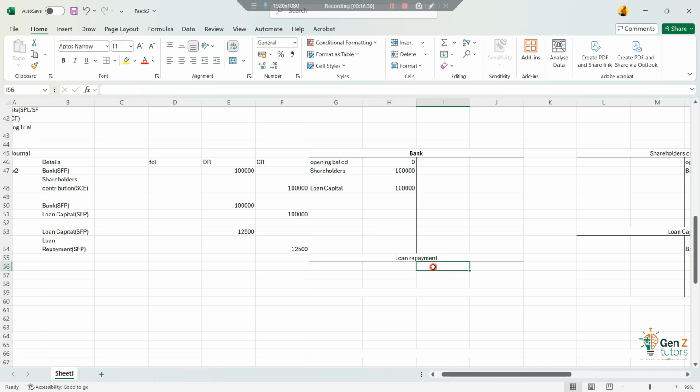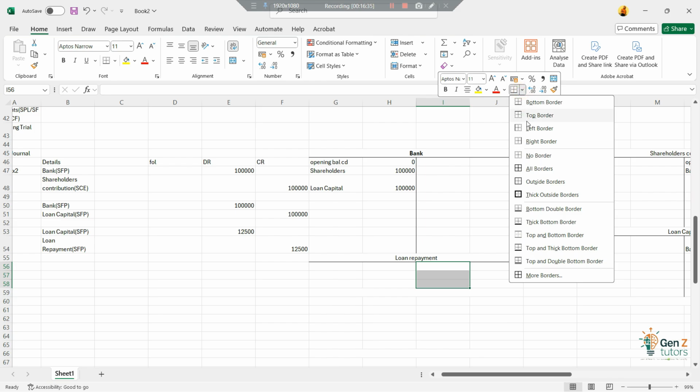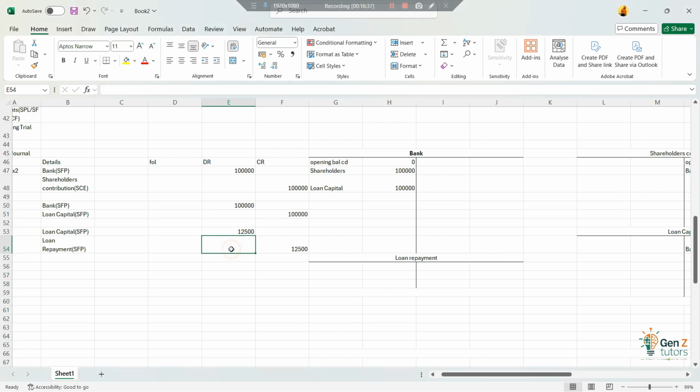This is a current liability, you understand? So now also I want you to take into account this is for this year. Recognition of current year repayment.